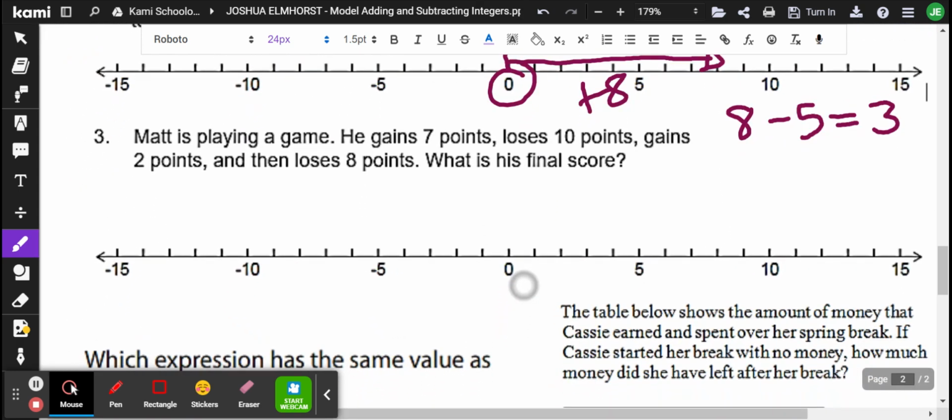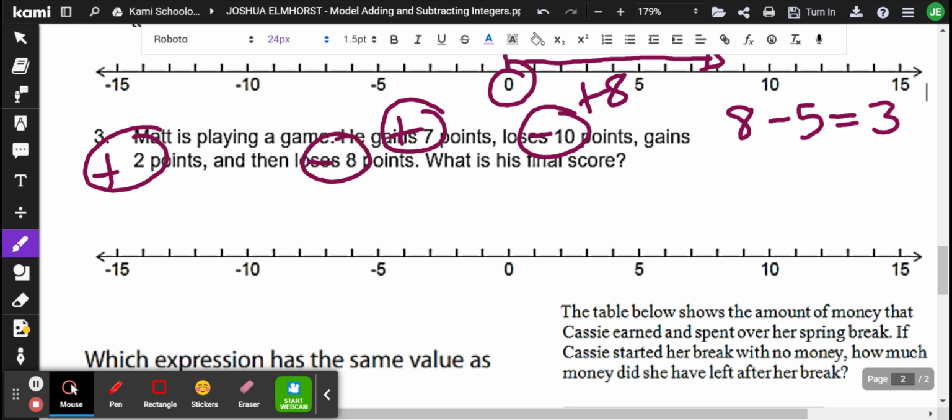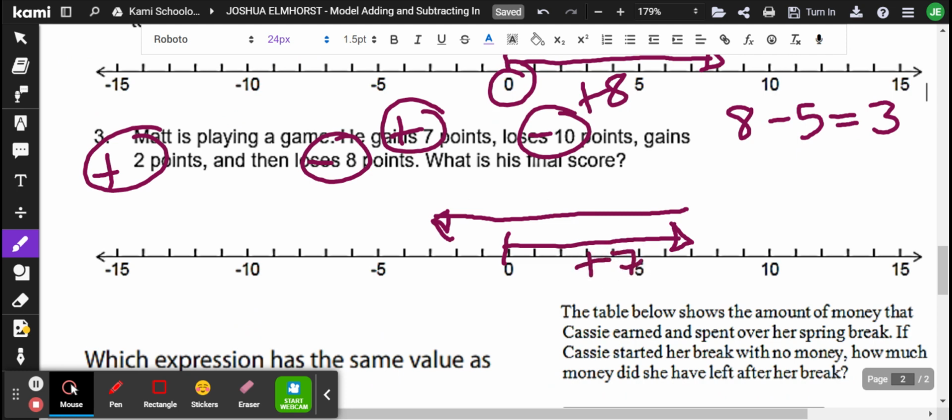Matt is playing a game. He gains 7 points, loses 10 points, gains 2 points, and then loses 8. First thing that happens, he gains 7, and then loses 10. So plus 7 minus 10 goes down 3.